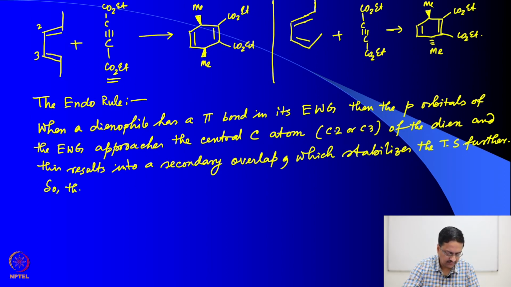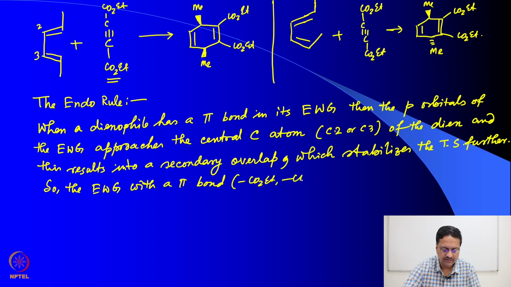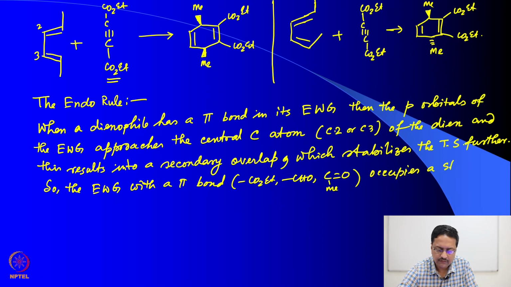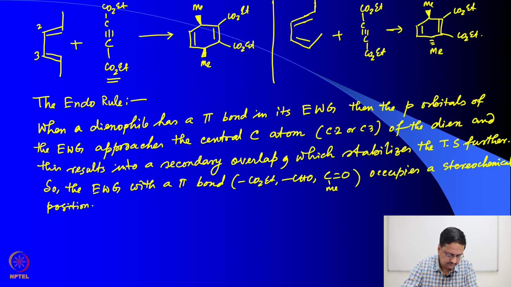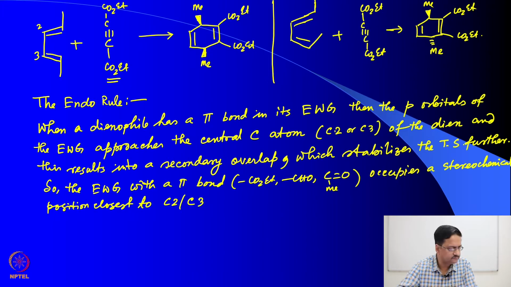So, the electron withdrawing group with a pi bond, the group may be CO2Et, CHO, COMe, whatever it may be, occupies a stereochemical position closest to C2 or C3.